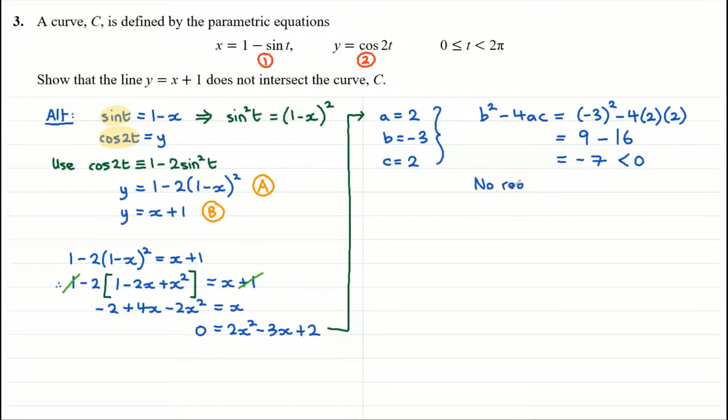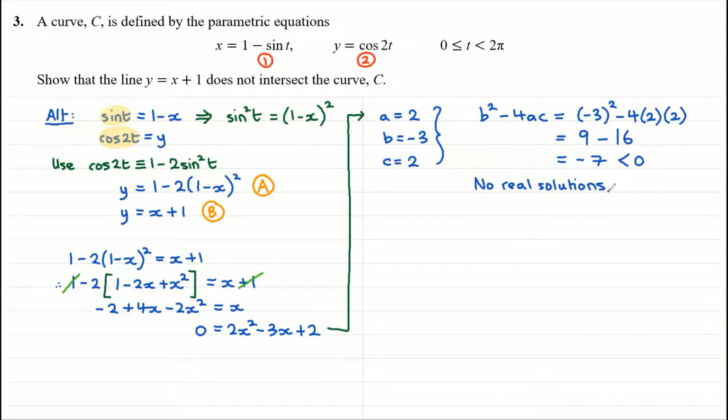And again, no real solutions. Just that point on the values of t. Obviously, if there's no real solutions, the line and the curve do not intersect whatsoever. So it doesn't matter if for all real values of t, they don't intersect at all.